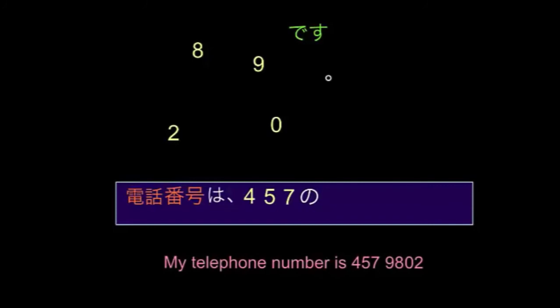We continue on with 9, 8, 0, 2, and finally it is goes right at the end, just the opposite to English. And we put our maru, our full stop, to finish our sentence.